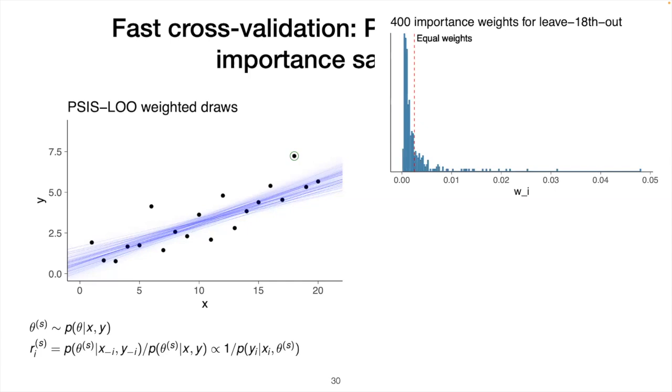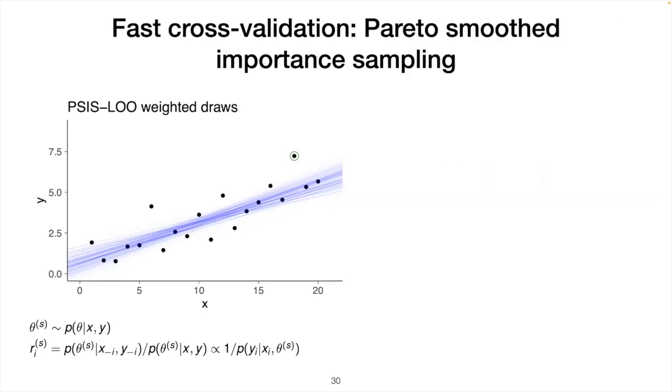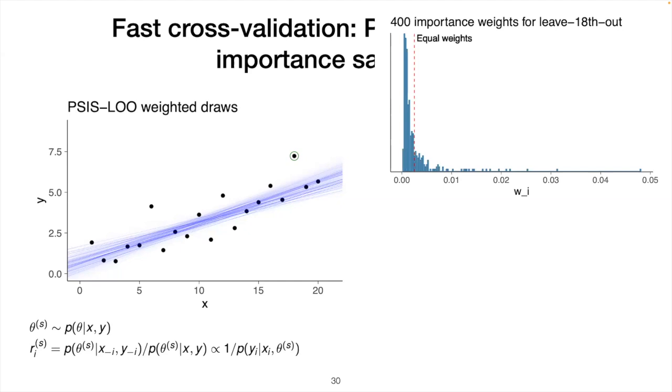It also gives you good diagnostics, because we can quantify how reliable your importance sampling is by the shape of this generalized Pareto distribution. You model the importance ratio by a generalized Pareto distribution, and the shape parameter of that distribution gives you good diagnostics, because k, the shape parameter in the Pareto distribution, tells how much variation you have in the tail.